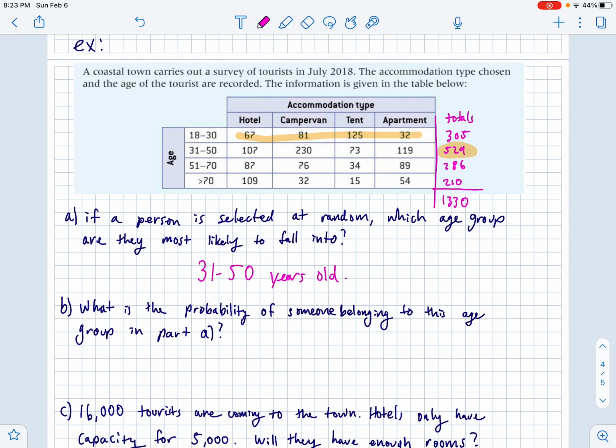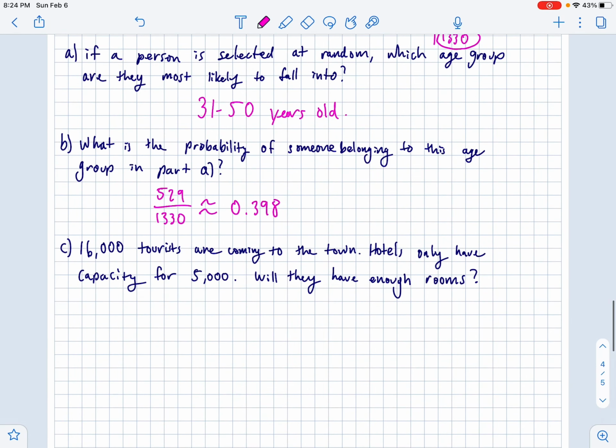What is the probability of someone belonging to this age group in Part A? Well, there's 529 of them out of a total of 1,330. So 529 divided by 1,330 is about 0.398. So it's like a 40% chance that somebody is selected from that group.